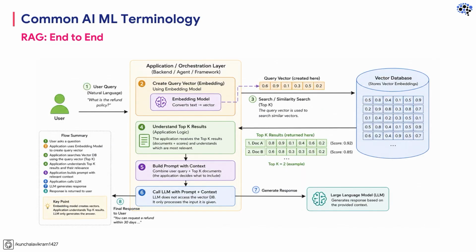Now let's understand RAG end to end. The flow is: the user asks a question in natural language, then this question gets converted into a vector by the embedding model, and this is the query vector. The retriever does a similarity search between the query vector and the vector database, and finds the vectors which are close to the query vector, right?